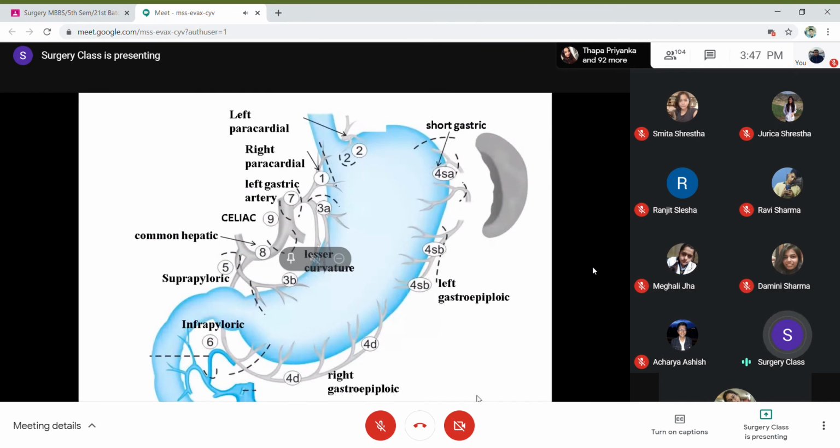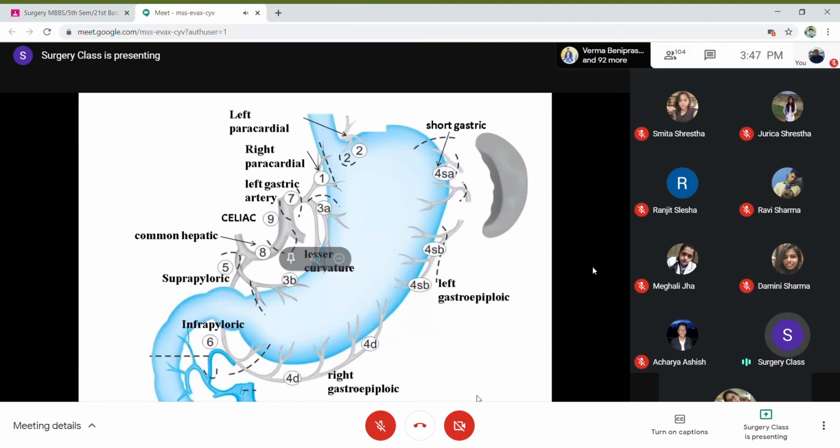I have told you about the different stations. Can you see that? Station 1, 2, 3A, 3B, 4, 4SA, 4SB, and then 4D, along the named vessels.